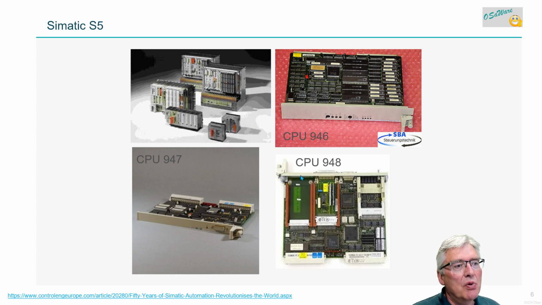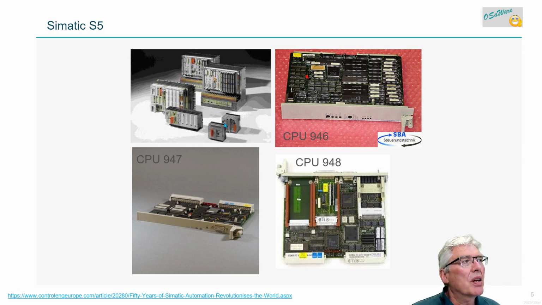Later on, when they had to move into surface mount technology, because you couldn't get hold of these components, they made a new CPU called 948, which combined these two and was substantially faster. Slot for a memory module here, and so on. I don't know if this is a CPU 947. I think it is. But there should be a memory module somewhere here too.